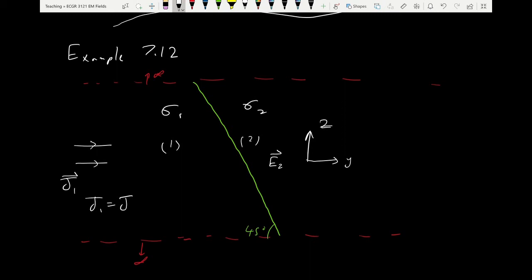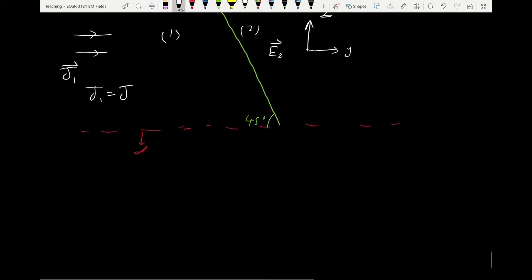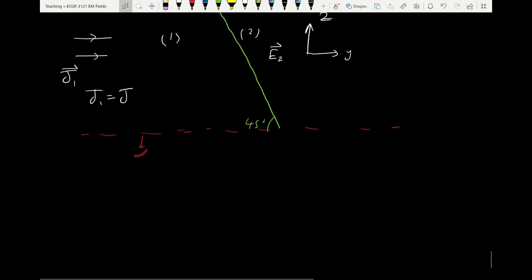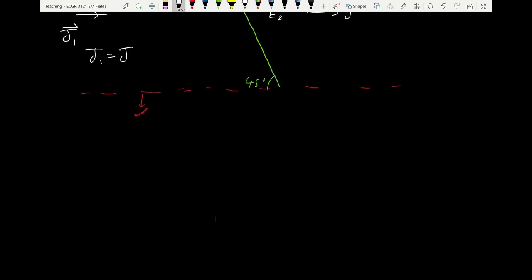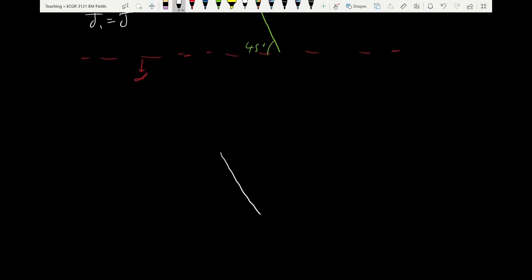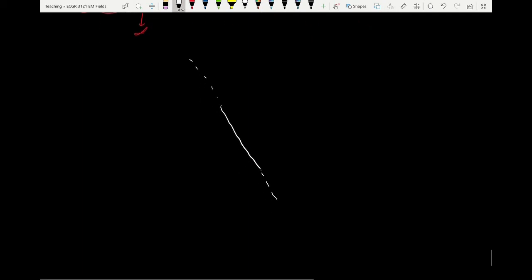So we want to apply the interface conditions for the current density to find the current density just after the interface, and then use the relationship between the current density and the electric field to get the electrostatic field right after the junction. Okay, so how do we do this? Well, let's draw the interface. So let me draw a portion of the interface, and the interface extends to infinity, right?